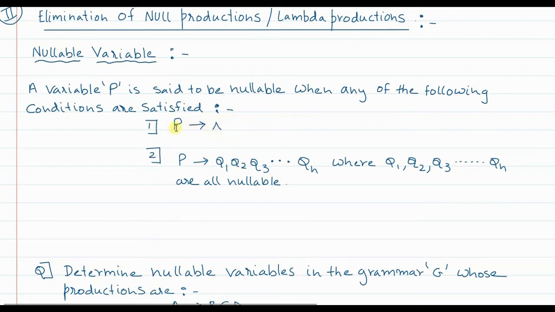That means the variable can directly replace itself with null. Then I say that P is nullable. Sometimes you have Q1, Q2, Q3 up to Qn, all non-terminals on the right hand side of P, and suppose Q1 is nullable, Q2 is nullable, Q3 is nullable, all till Qn are nullable, then we can say that P is also nullable. So this is the concept of a nullable variable.